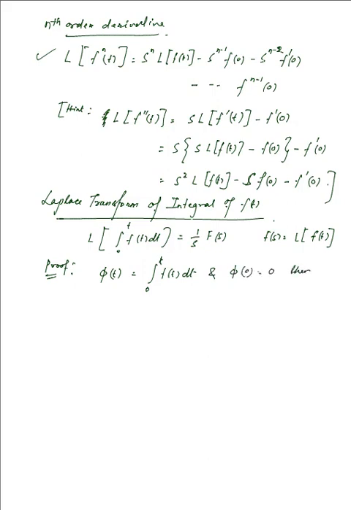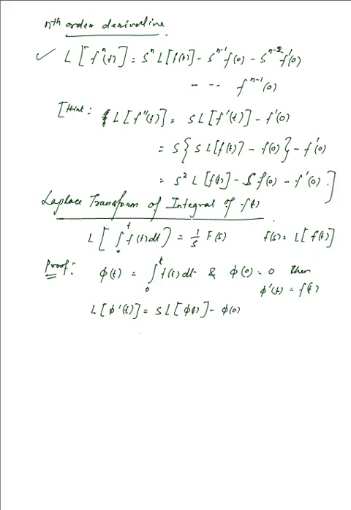Then phi prime, which is the first derivative of phi with respect to t, is simply going to be f of t. Now we know that the Laplace transform of phi prime t is going to be s times the Laplace transform of phi t minus phi of 0.